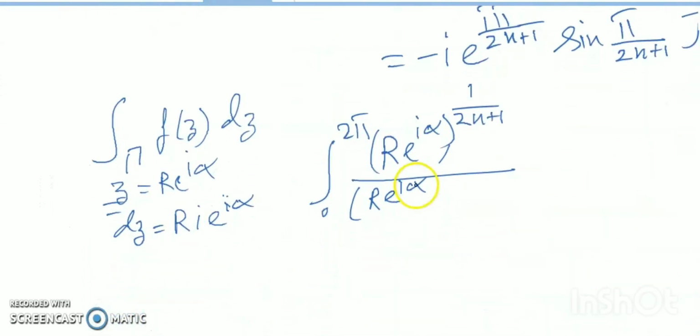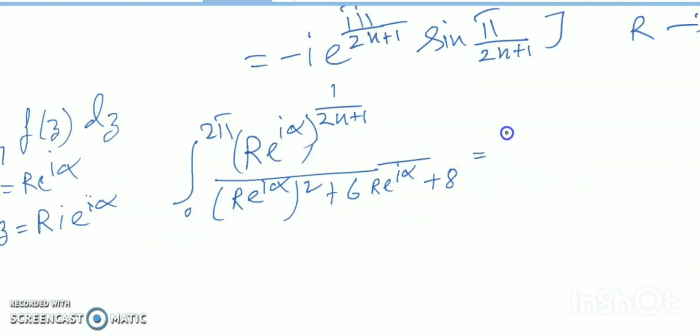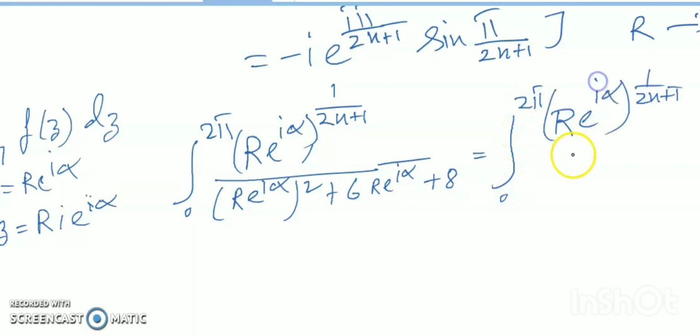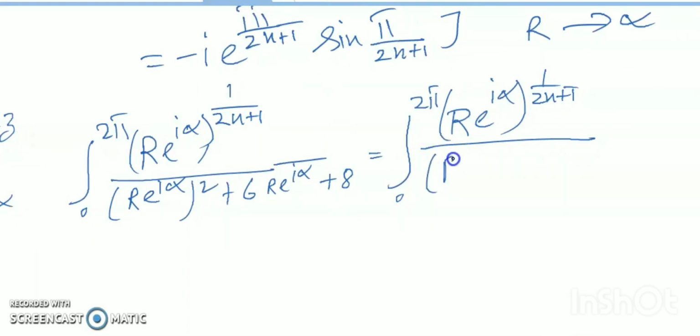So (r e to the power i alpha) whole square plus 6 into r into e to the power i alpha plus 8. Okay, no problem. r into e to the power i alpha plus 3 minus 1. Okay, so it can be written dz is equal to d alpha, r into e to the power i alpha.